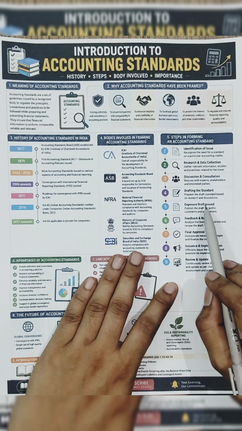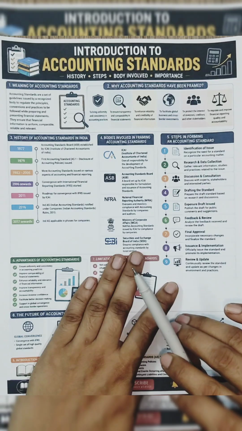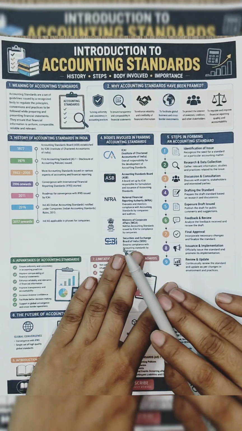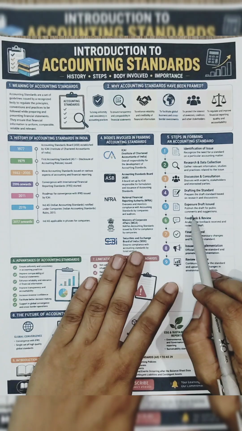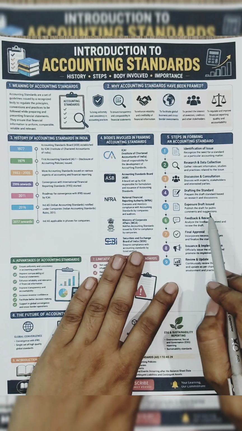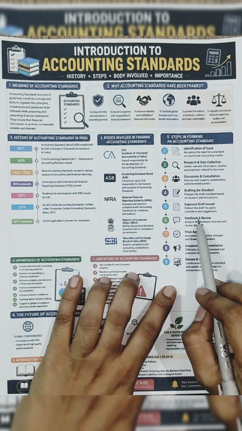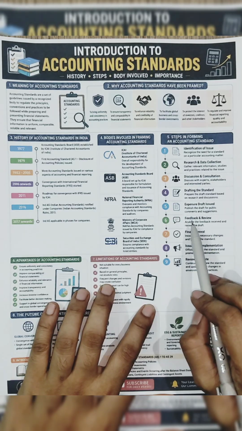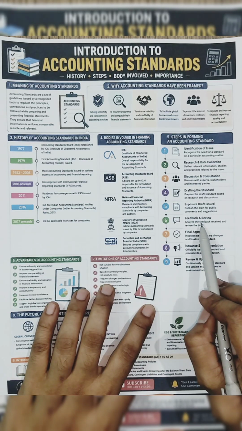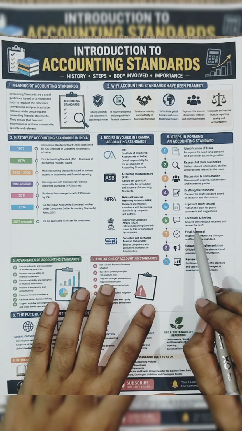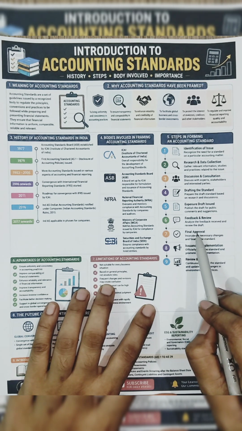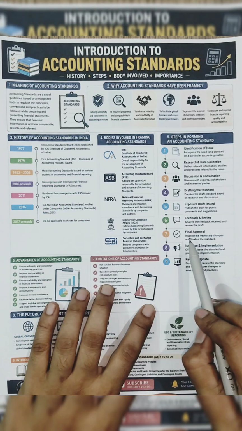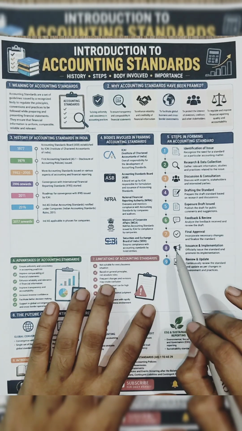Drafting the standard: preparing a draft of the standard based on the research and discussion. Then an exposure draft will be issued to the public for comments and suggestions. Then feedback and review: after analyzing the feedback received, they will review the draft.